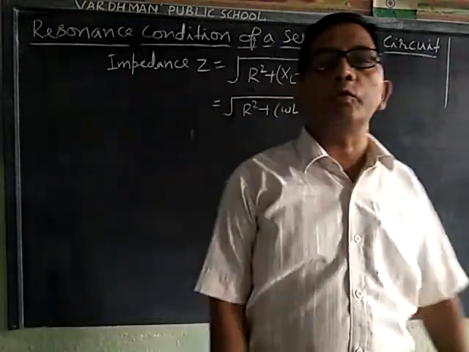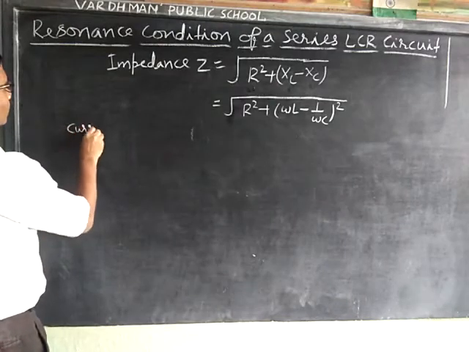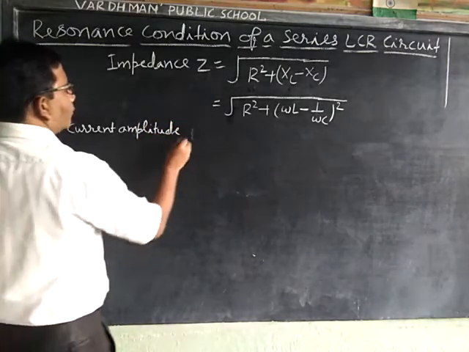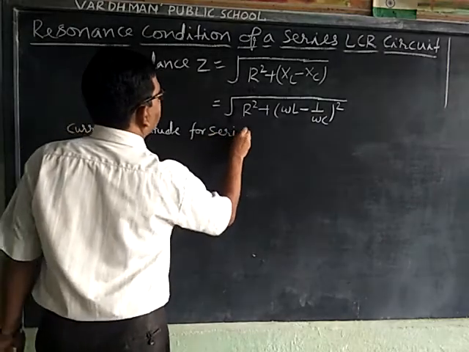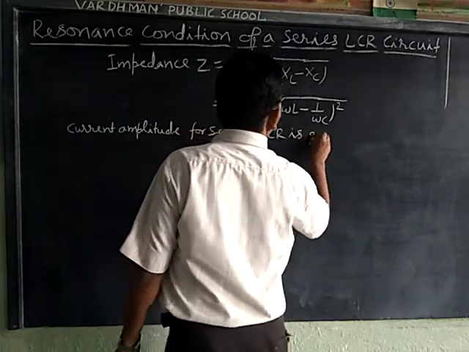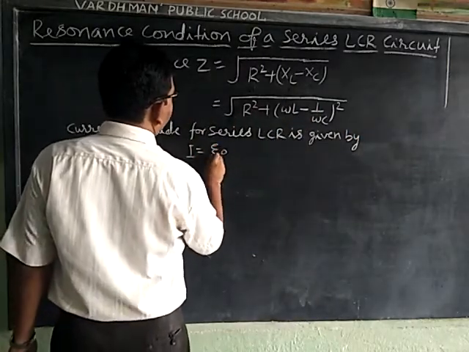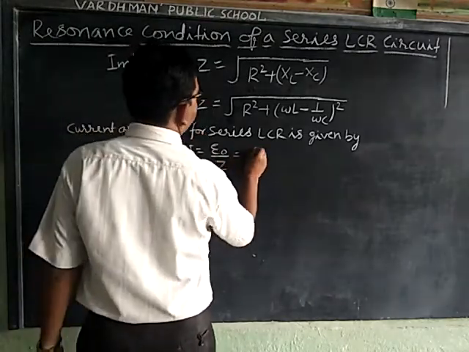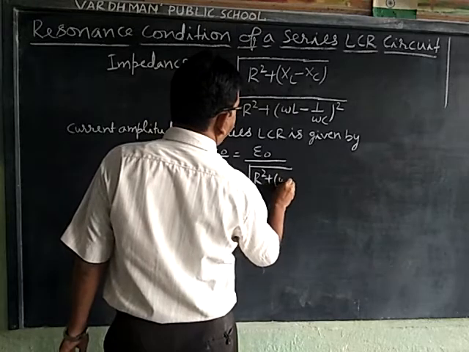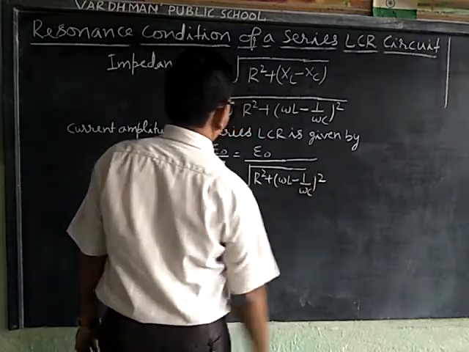The current amplitude for a series LCR circuit is given by I is equal to E0 upon Z, that is E0 upon under root R square plus (omega L minus 1 upon omega C) whole square.